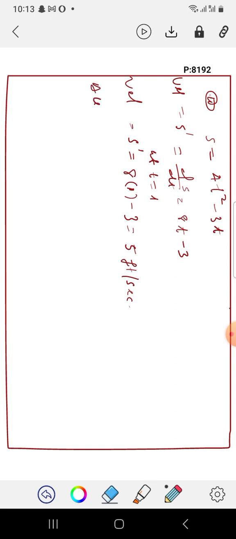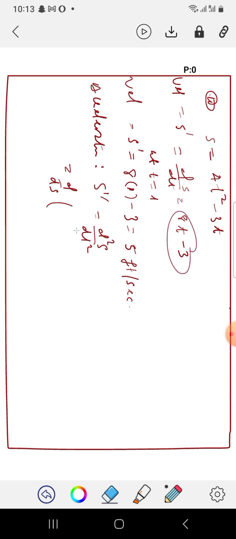Now the acceleration, that will be the second derivative, which is going to be d squared s over dt squared, which is going to be d over dt of ds over dt, which is d over dt of 8t minus 3, which is going to give us nothing but 8.